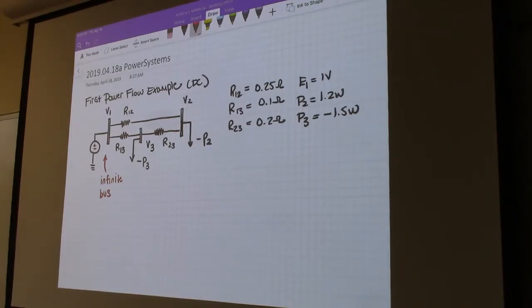And so the voltage there is known. This is what we can call a load bus or a PQ bus. But again, in this case, there is no Q, so that doesn't come into play.